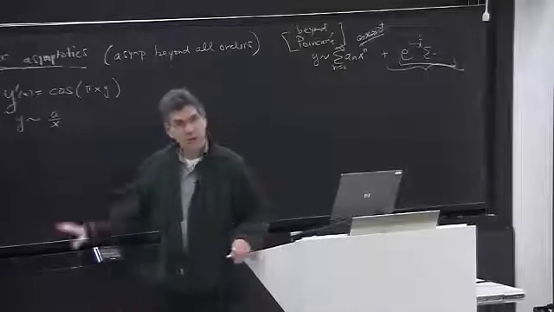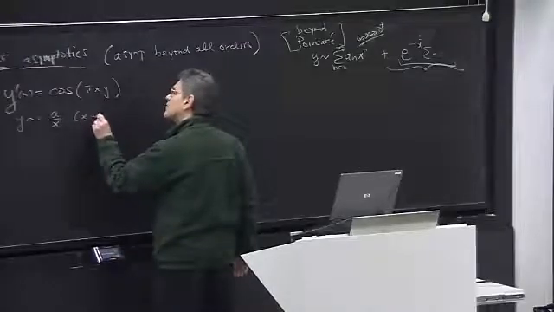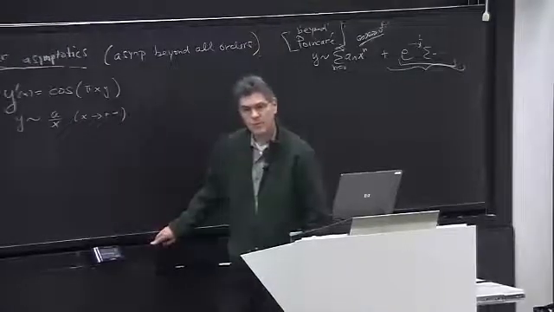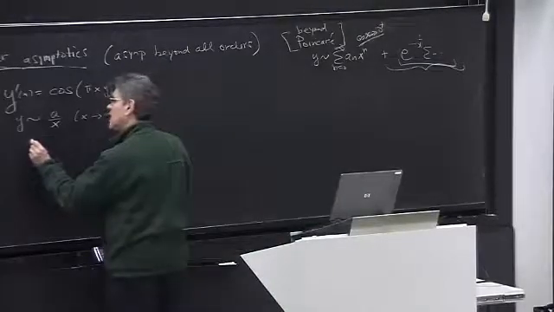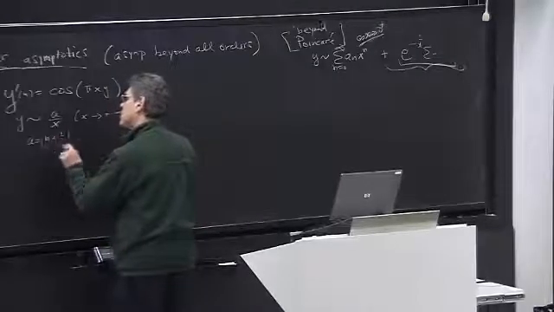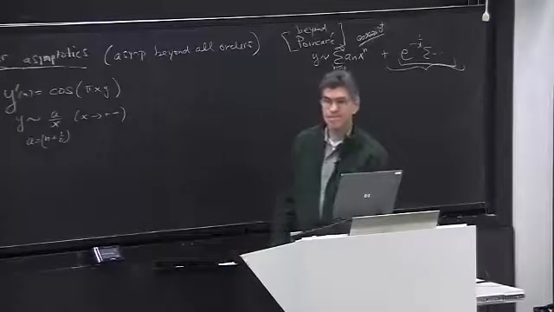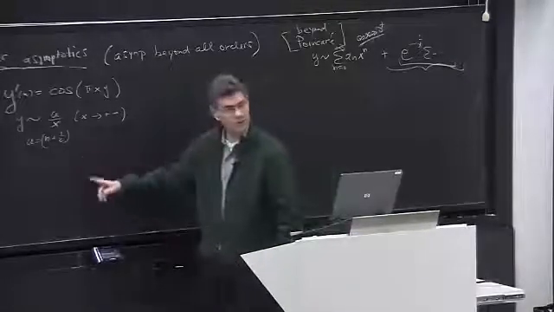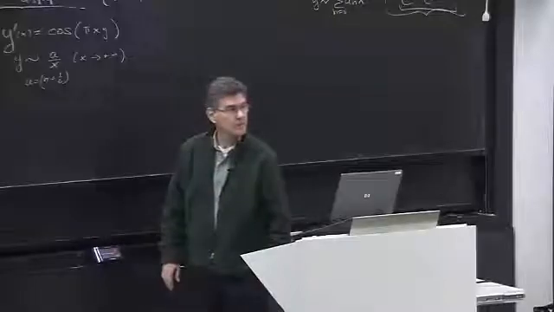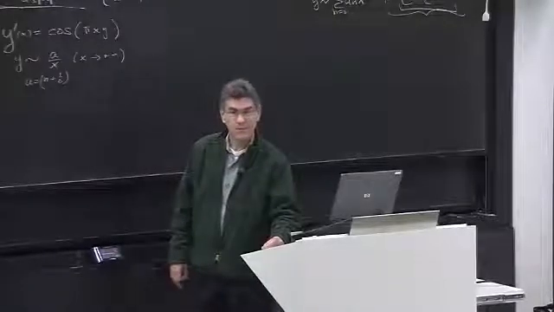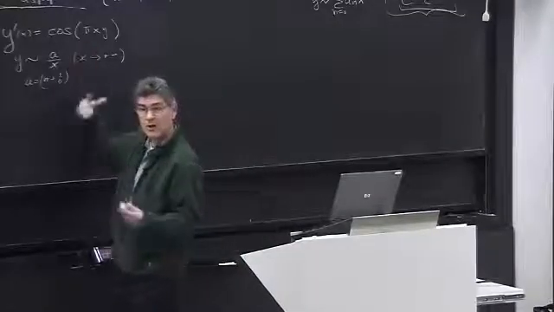We don't know how to solve this equation exactly, but we could guess that it behaves like this as x goes to infinity, if a is n plus 1/2, because cosine of pi times n plus 1/2 is 0. But the only way to verify that you're not doing nonsense when you're doing asymptotics is to check the balance. We still haven't got an asymptotic balance between the left and the right side. We need a correction term.